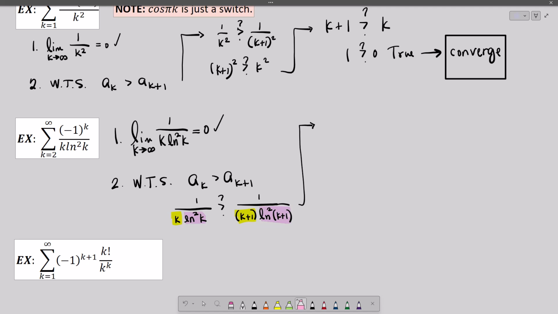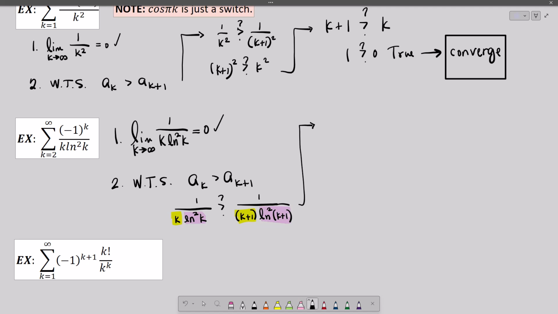And there's no way to cancel those logs. There's no canceling between a log of k and a log of k plus 1. What we could do, if we stack them, we could pull out the power. And so let's put the k's on one side and the natural logs on the other.